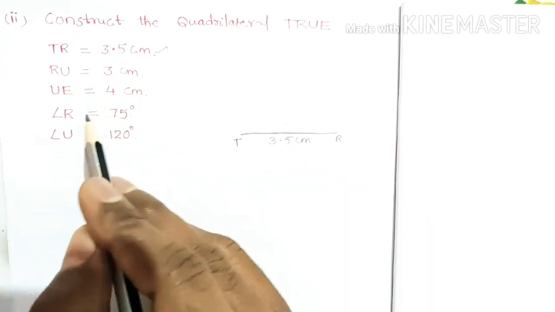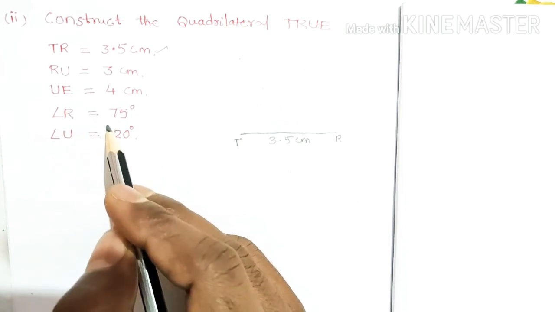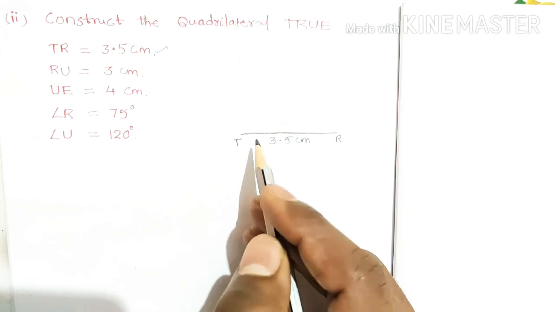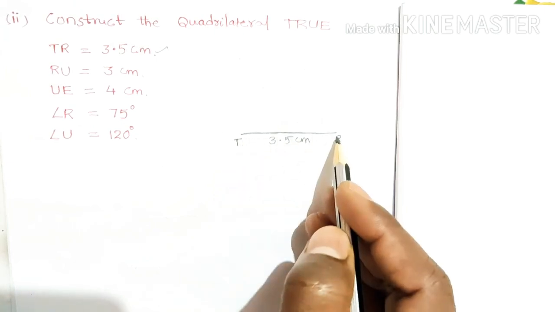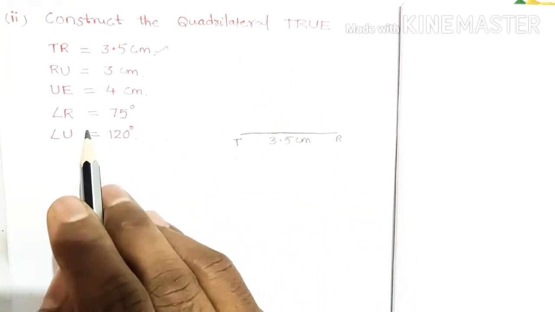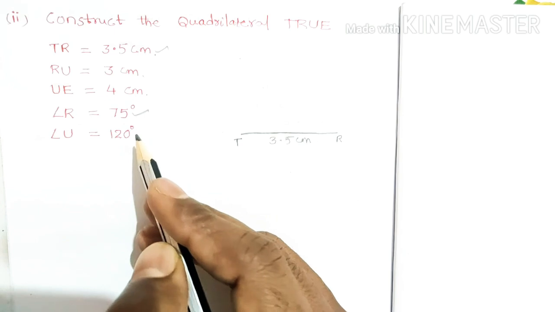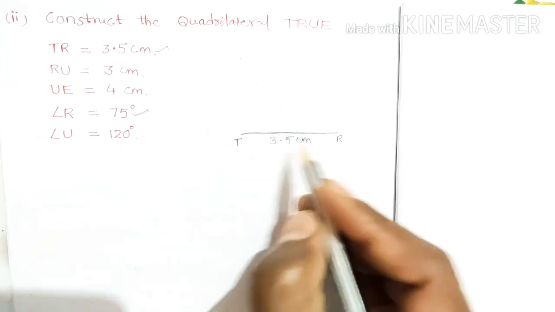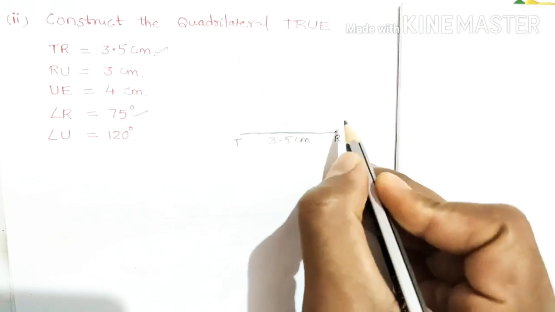Whenever in the question we have angles, after constructing the baseline, we have to go to angles only. We can construct on the line segment TR, angle T as well as angle R. Here, angle T is not given, angle R is given. Angle R is 75 degree. 75 degree is an acute angle.